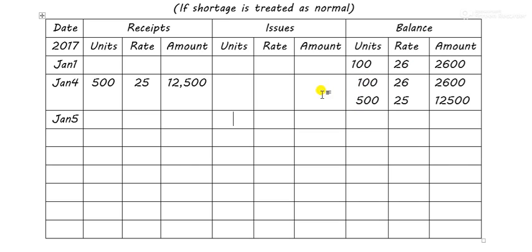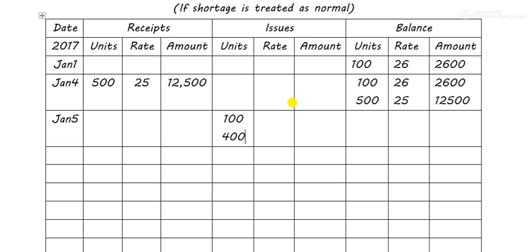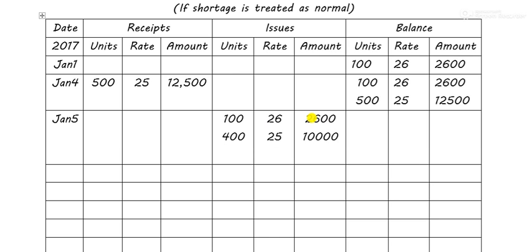First we issue this 100 kg, and then 400 kg from the next lot: 100 at the rate of 26 and 400 at the rate of 25. Therefore 100 into 26 is 2600, and 400 into 25 is 10,000. So the total is 12,600.